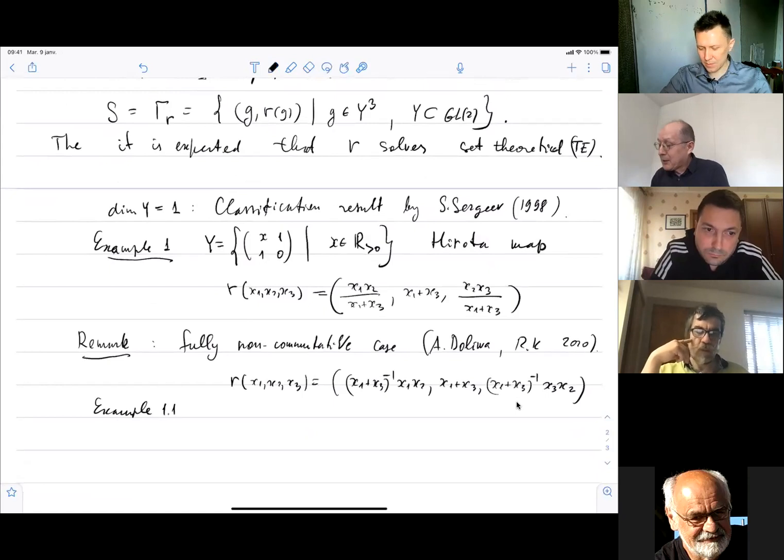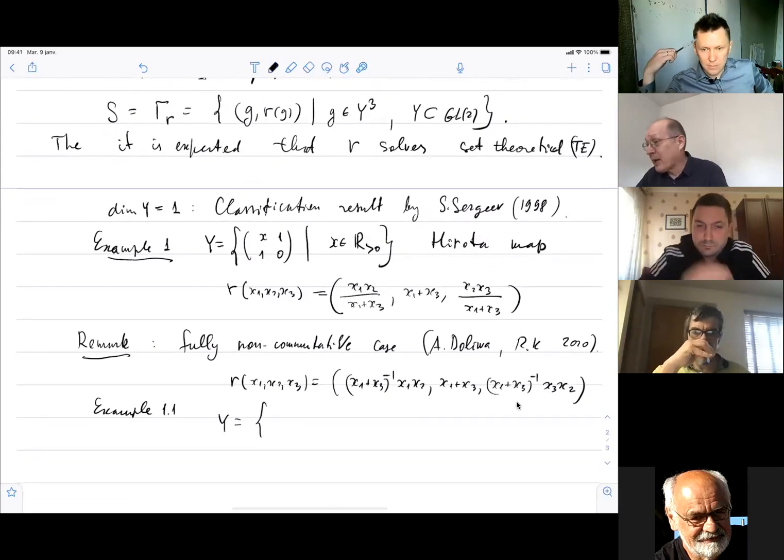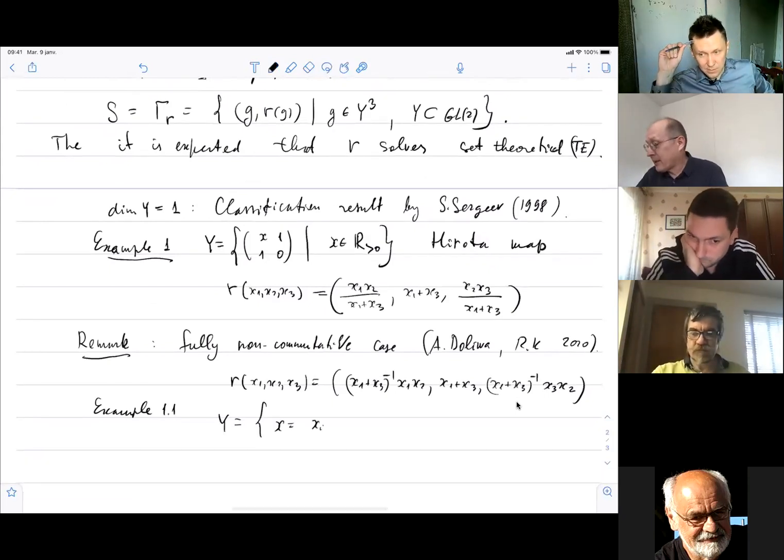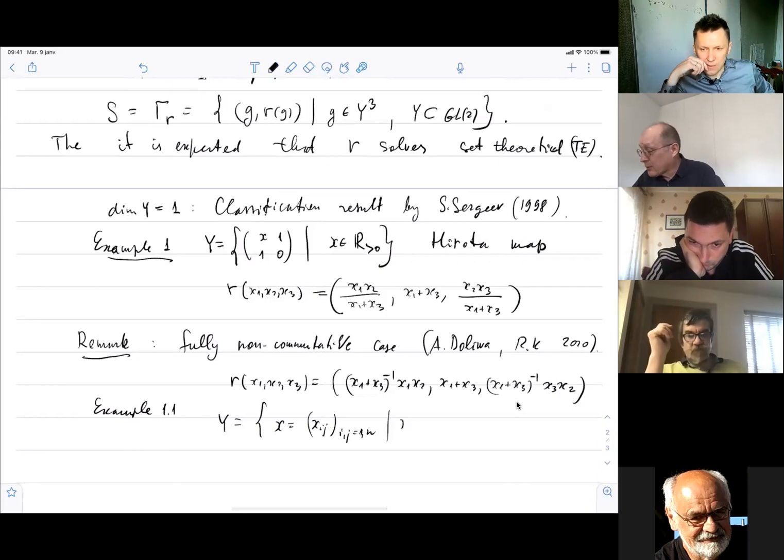Example one, say. Let us take Y to be a matrix Xij for i, j from 1 to m, with Xij real numbers.